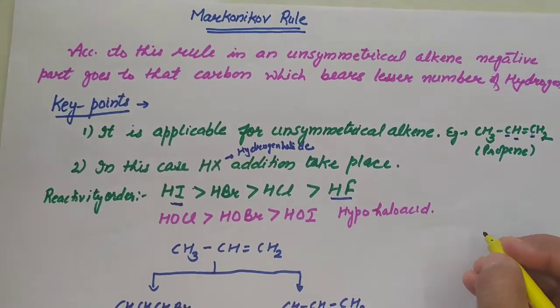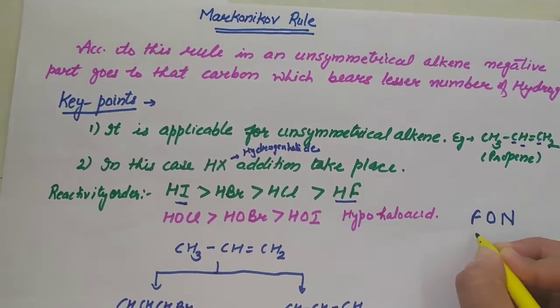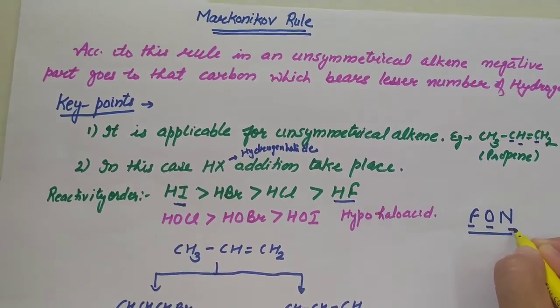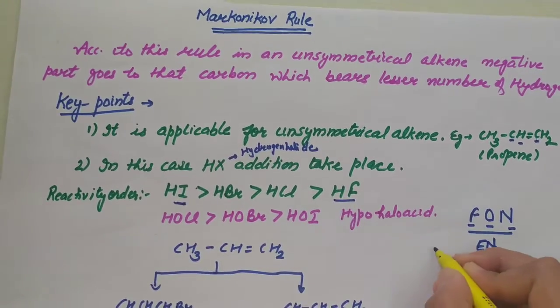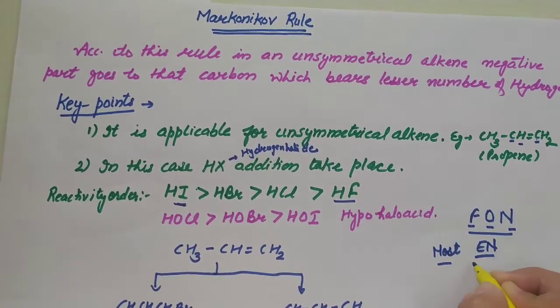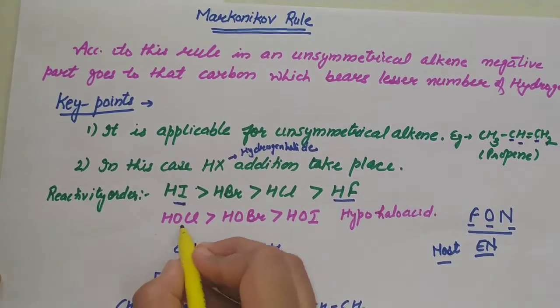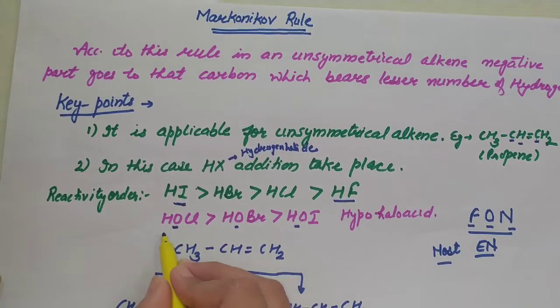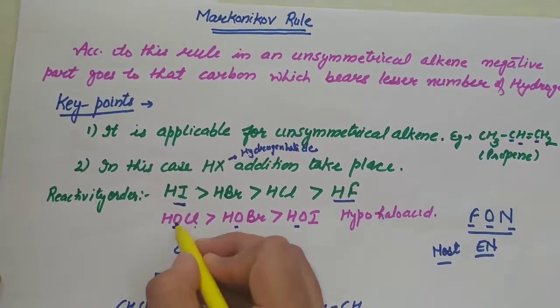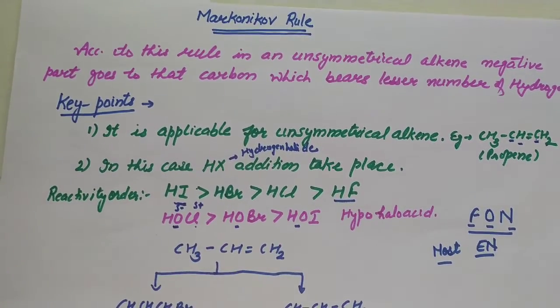Why? Because we know fluorine, oxygen, and nitrogen are the most electronegative elements. In this case, there is oxygen. If we compare the electronegativity of oxygen and chlorine, oxygen gets a partial negative charge and chlorine gets a partial positive charge, because oxygen is more electronegative than chlorine.